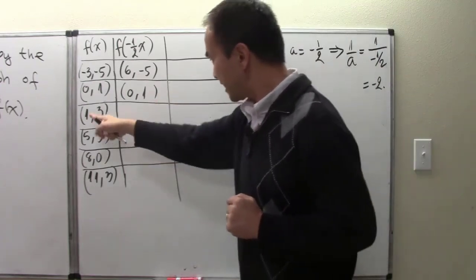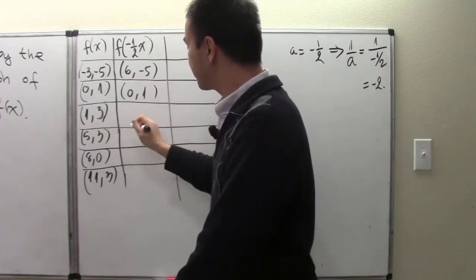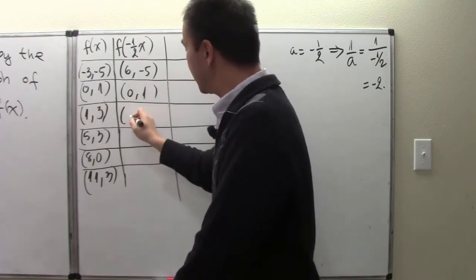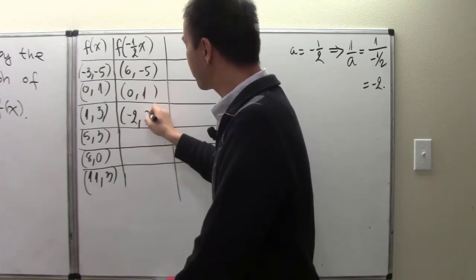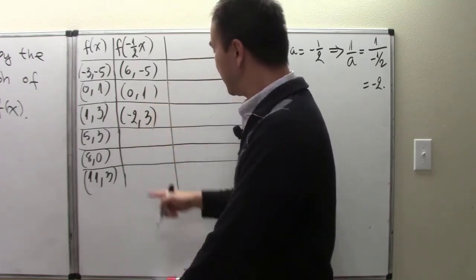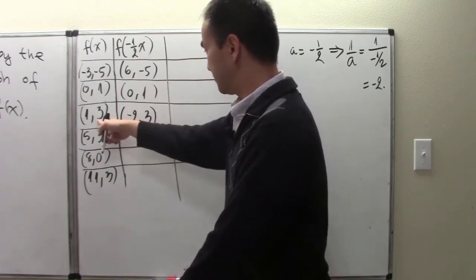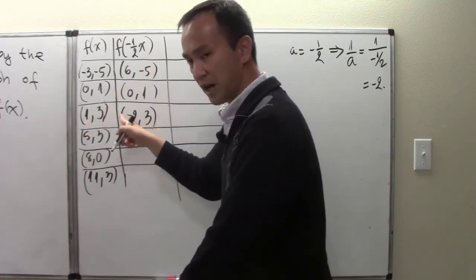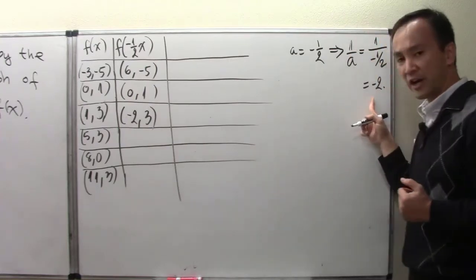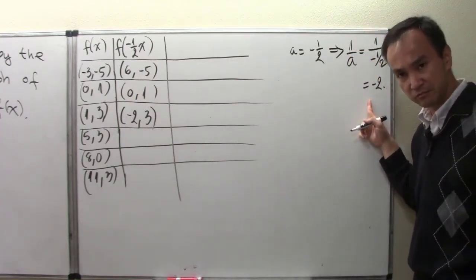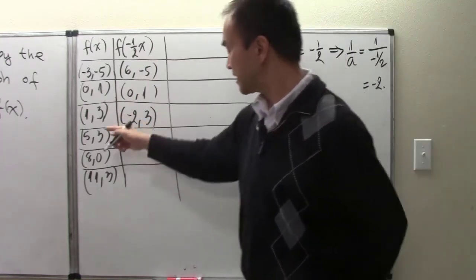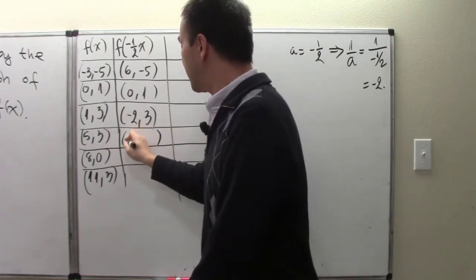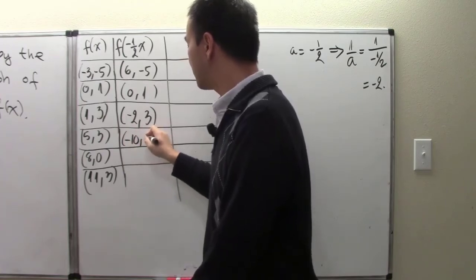And then for the next point at 1 comma 3, this point is transformed to negative 2 comma 3. And that is because, once again, the y value stays the same. The x value is multiplied by 1 over a, which is negative 2 in this problem. And now my next point, 5 comma 3, is transformed into negative 10 comma 3.